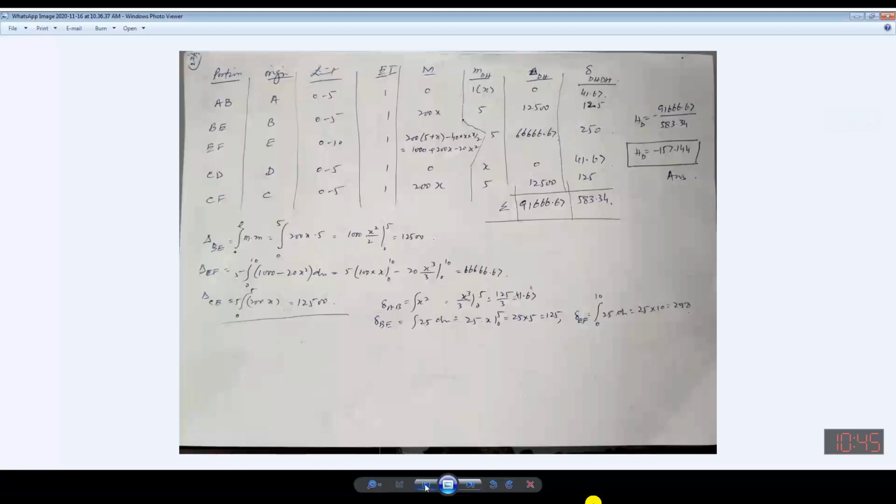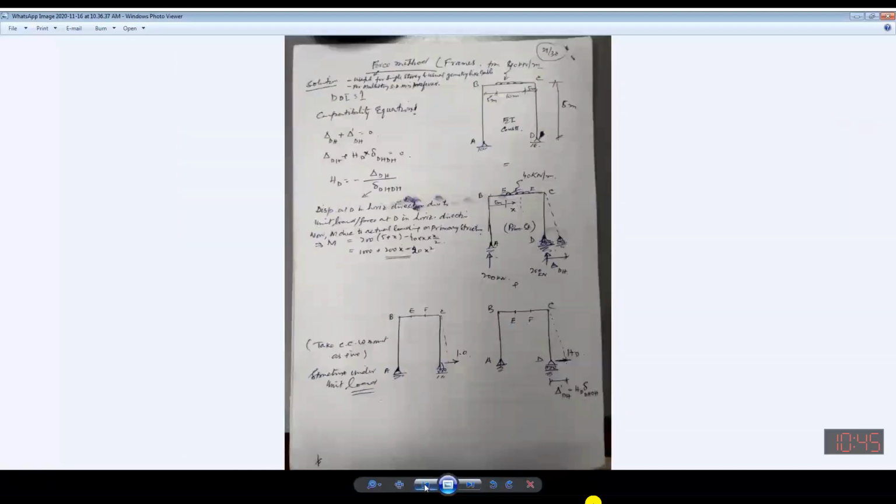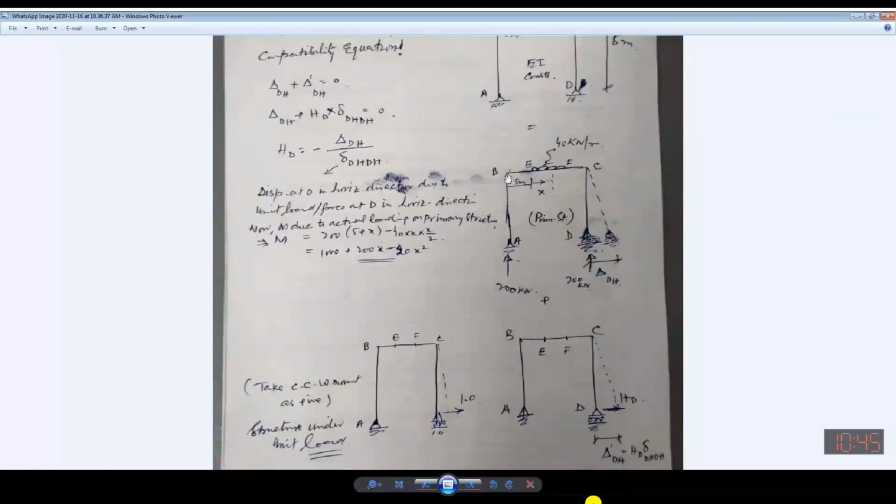You can see one segment is AB. Wherever there is a change in load, wherever there is a change in orientation of the member, that should be separated. Now this vertical column is one segment. Then there is a change, the load is changing, meaning there is no load but over there it starts.